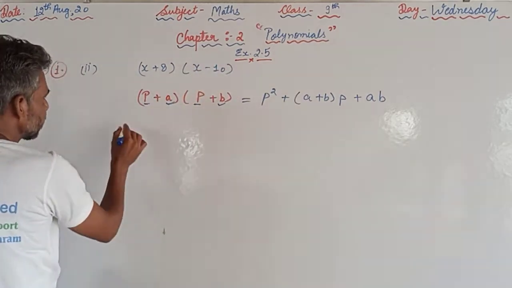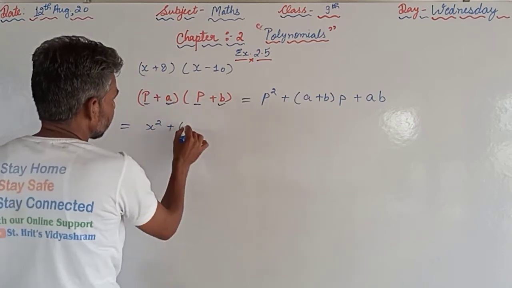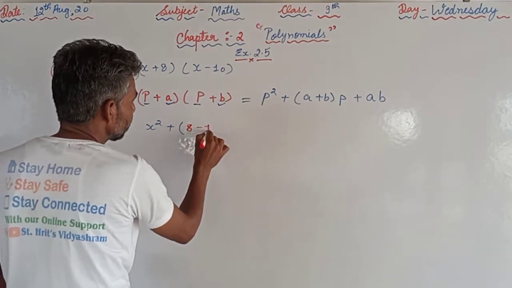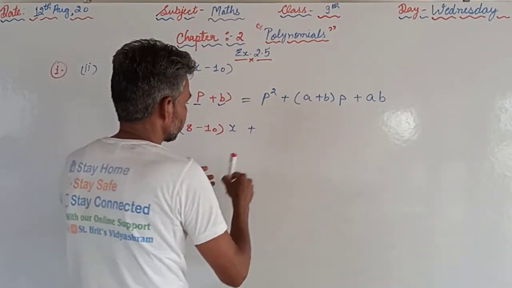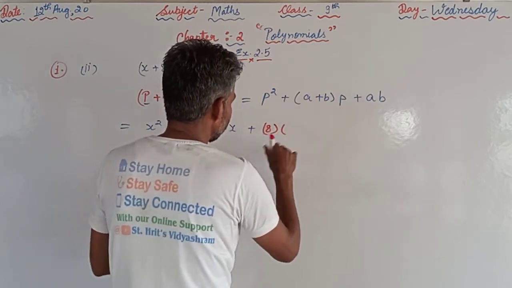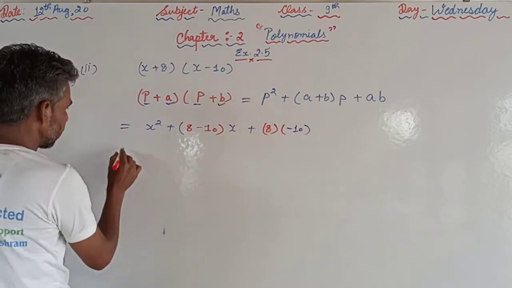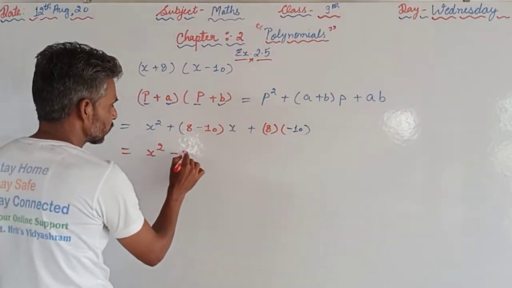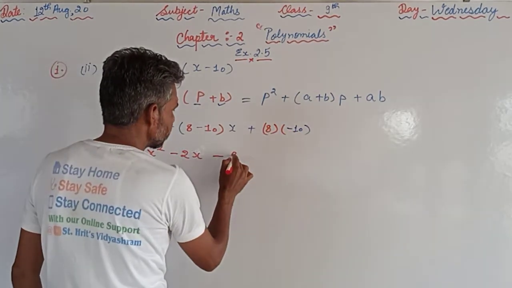Again the x is the same, so the answer will be x square plus (8 minus 10) into x plus 8 into minus 10. So the answer will be x square minus 2x minus 80.